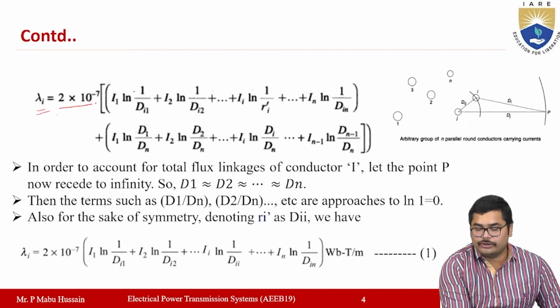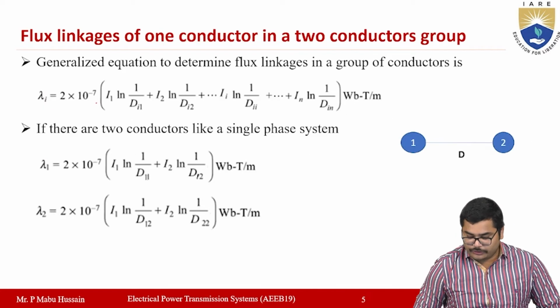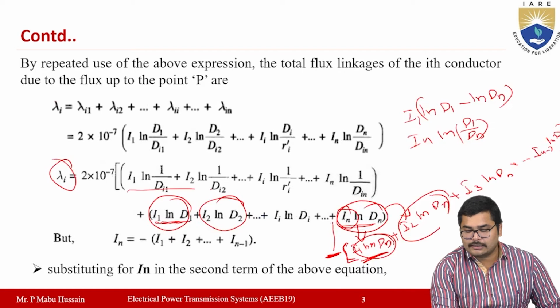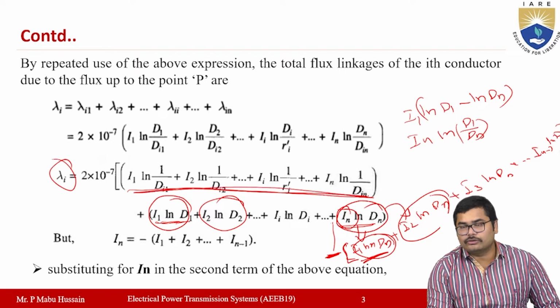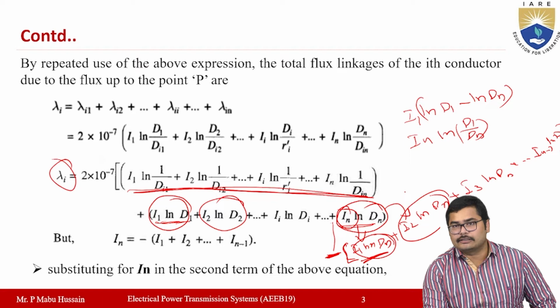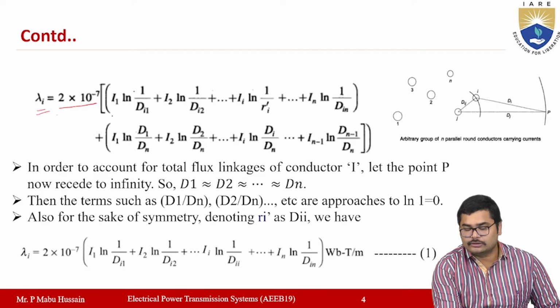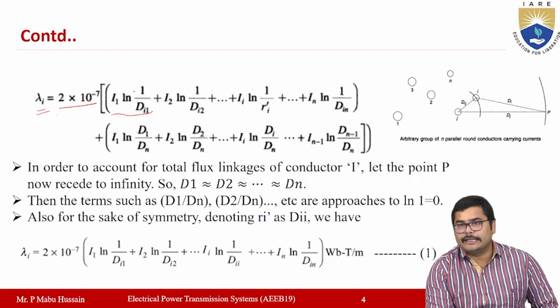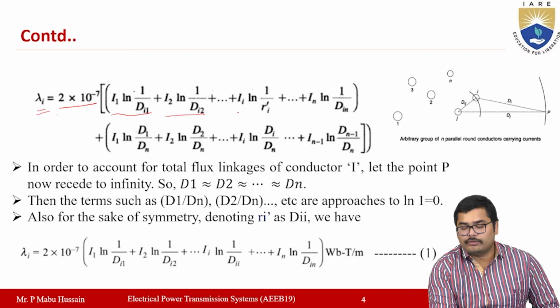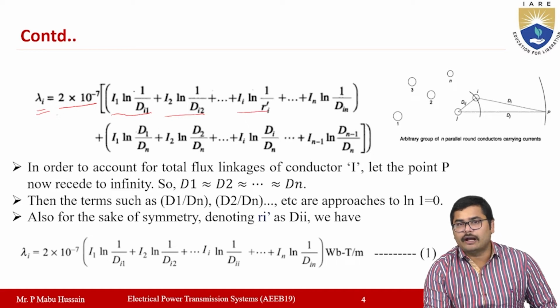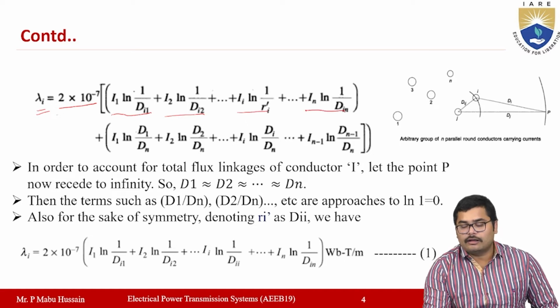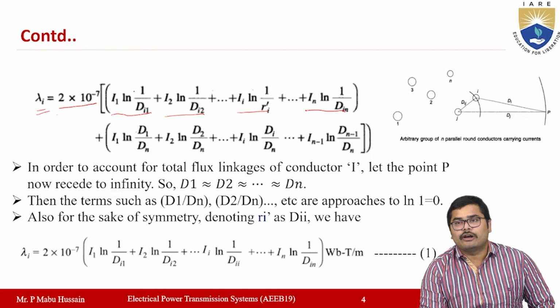Lambda I is equal to 2 into 10 power minus 7 times, and this expression you take as it is, there is no change. So I1 ln 1 by di1 plus I2 ln 1 by di2 plus and so on, plus Ii into ln 1 by ri dash, plus and so on, plus In ln 1 by din.